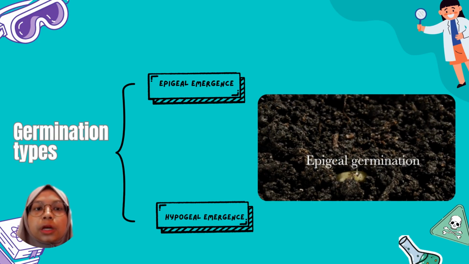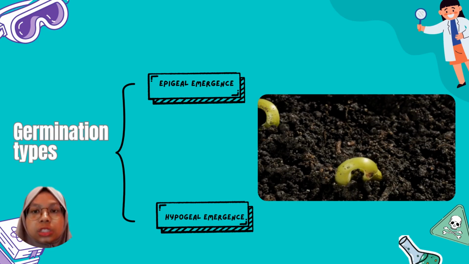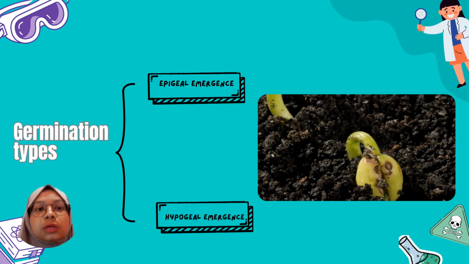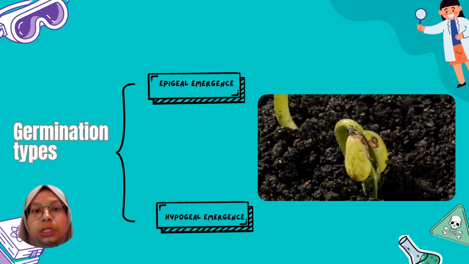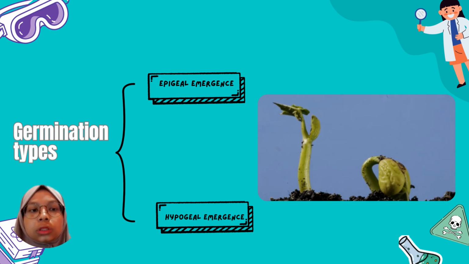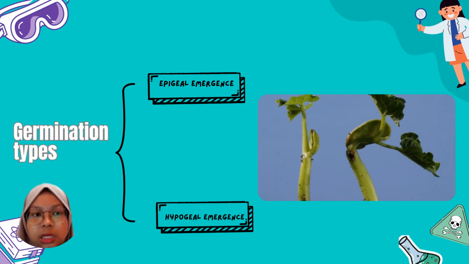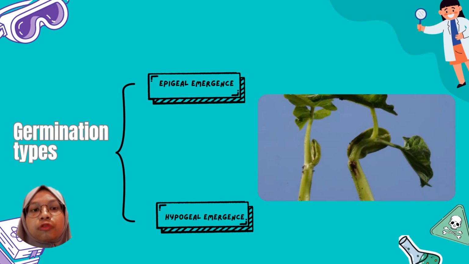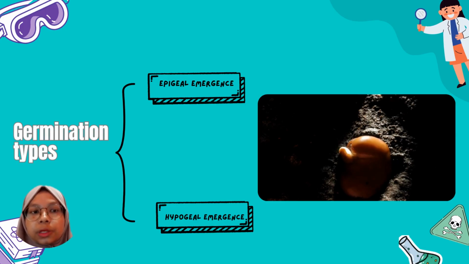The cotyledons may become green and form photosynthesis. For hypogeal germination, the cotyledons stay below the soil, protecting them from predators and environmental damage. Only the shoot emerges above the ground. Examples include maize, peas, and coconuts. Each type of germination provides different advantages depending on the environment of the plants.